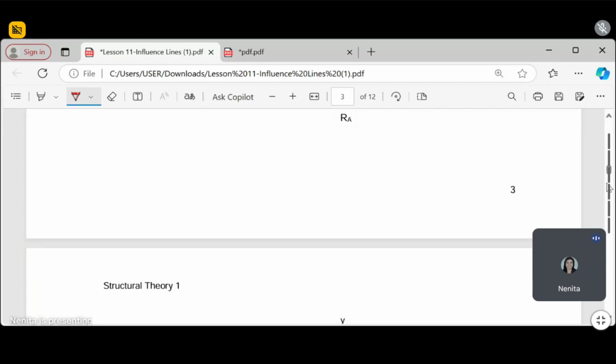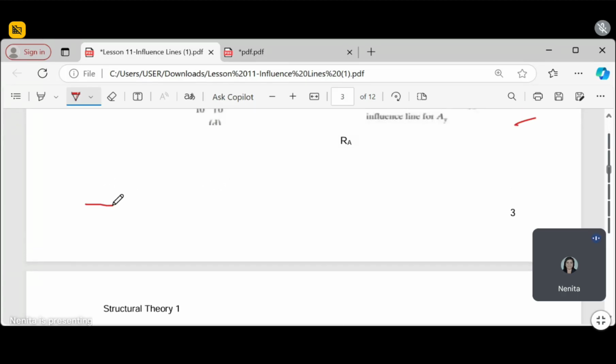Okay. So, class, take note. If you get the influence line at B with that pattern, if you want to get the IL for R sub B, the form of your influence line will be like this, where the maximum influence is at point B. This will be our influence line for R sub B. The maximum influence is at this point.